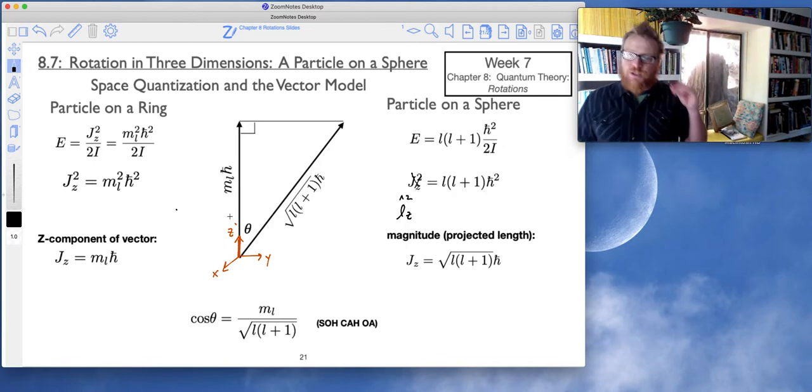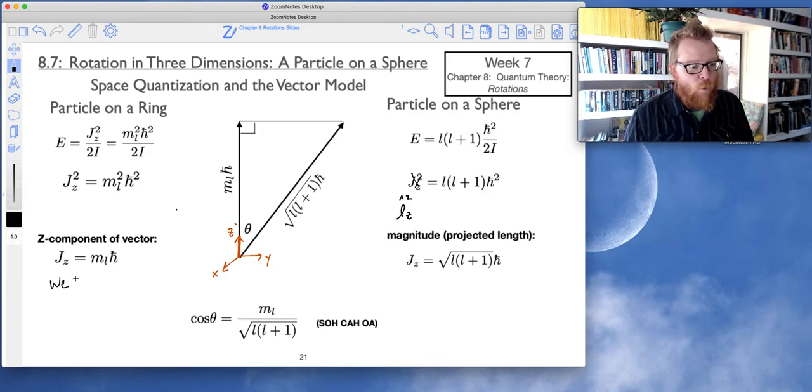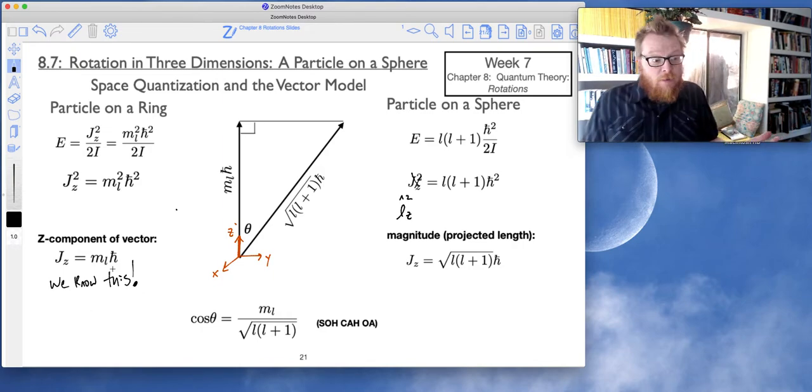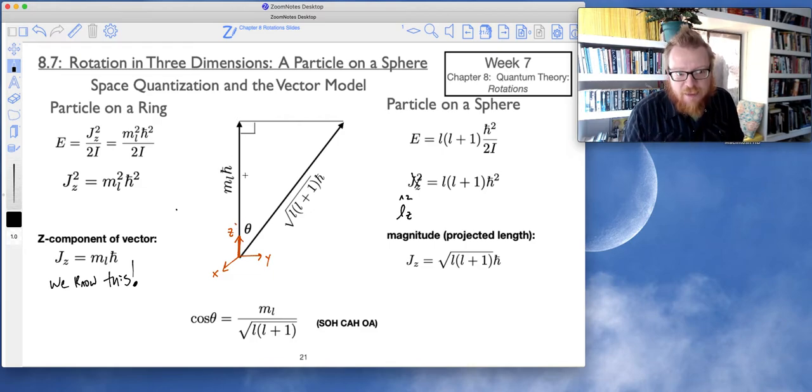What's important to note is I know this value, because if we know the quantum number ml, then we know what the projected length is. If ml equals 1, then this length of the vector is h bar. If ml is equal to 2, then this is 2 h bar.